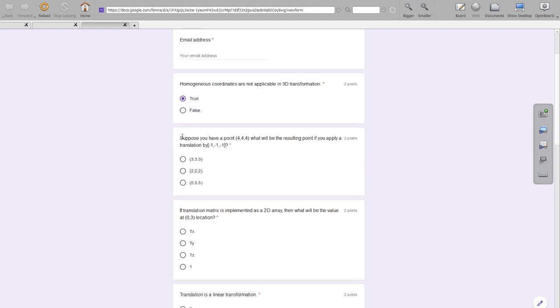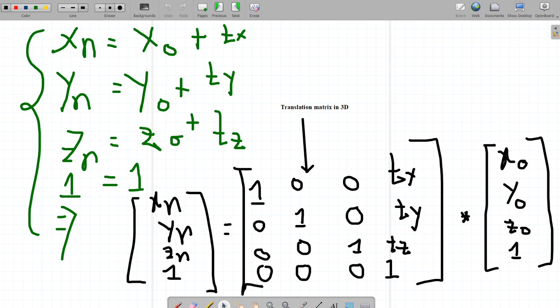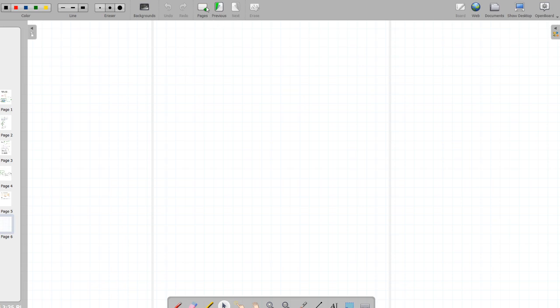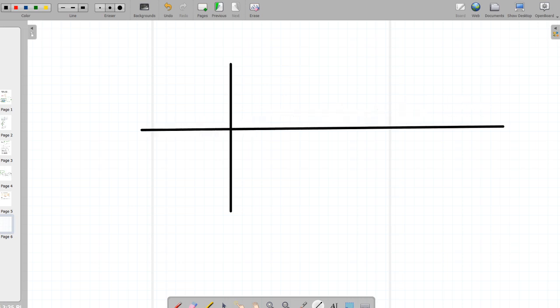Let me move to the next question. Suppose you have a point 4, 4, 4. What will be the resulting point if you apply a translation by -1, -1, and -1? So this goes like into the 3D space. Let me try to draw it another way.